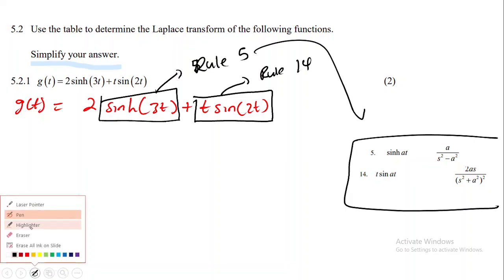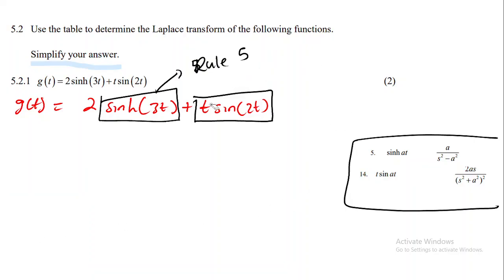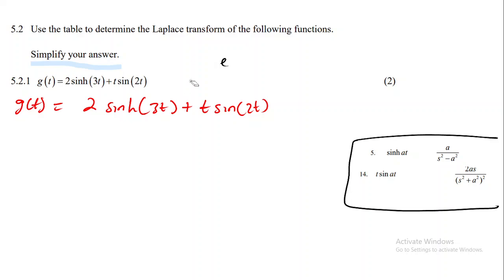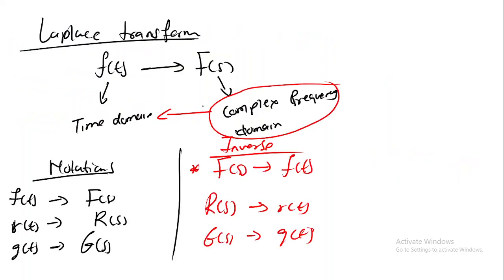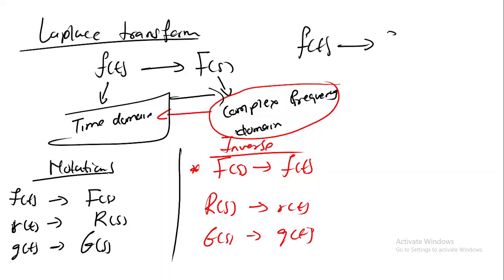So without wasting time, let's dive into the question and solve it. Remember, the question said we must determine the Laplace. What is the definition of Laplace? From the previous slide, the definition of Laplace means we're moving from the time domain to a complex frequency domain, meaning we're moving from f of t to f of s.